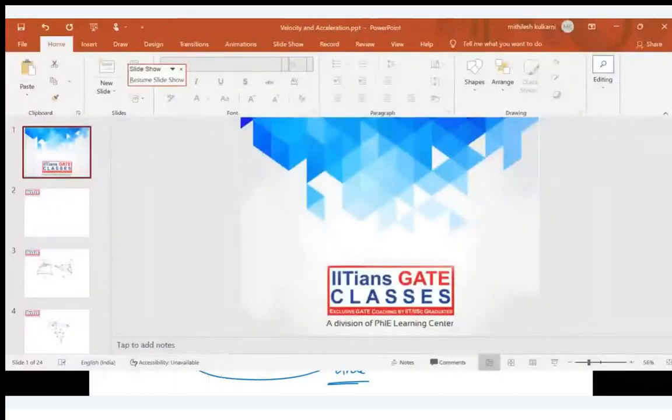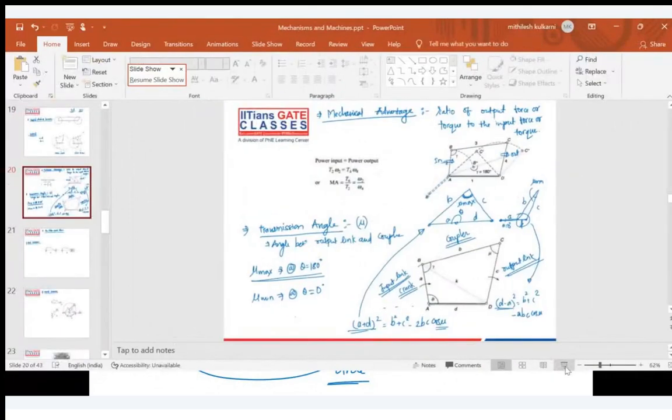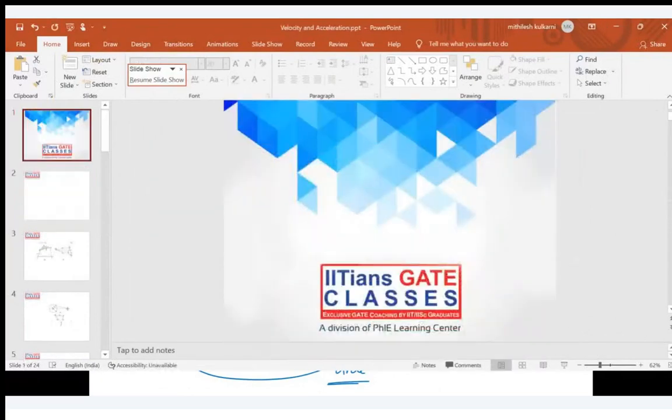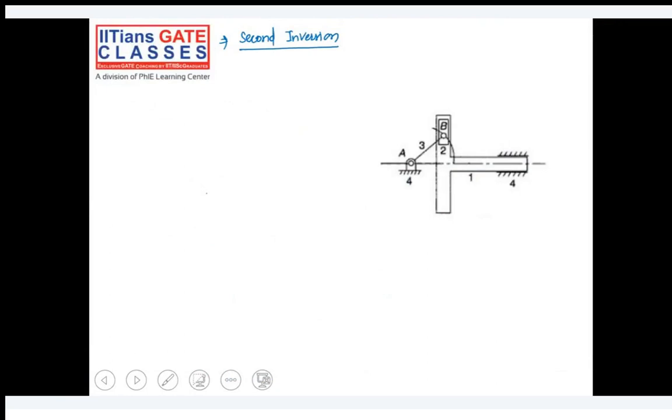So either you can say you are fixing link number 4 or link number 2. One of the sliders is basically fixed.